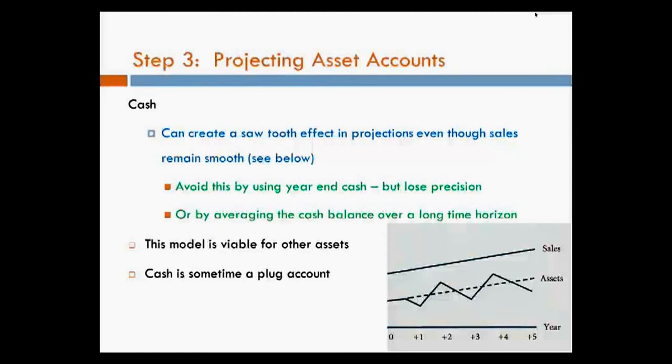We would project cash in T1, starting, ending, divided by 2: 60. We project cash in year 2, looking forward, 100 plus 60 divided by 2 of 80. In year 3 going forward, 60 plus 80 divided by 2 of 70.